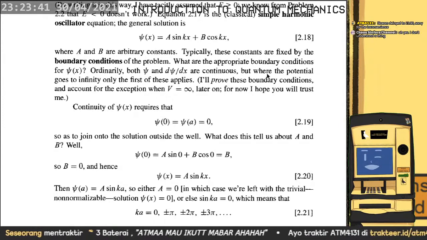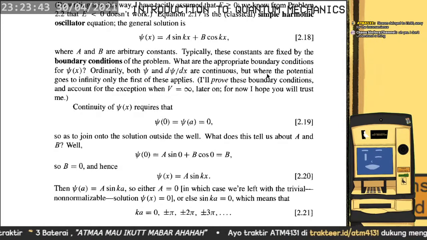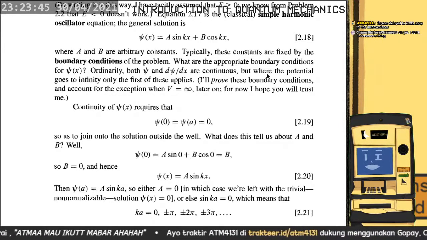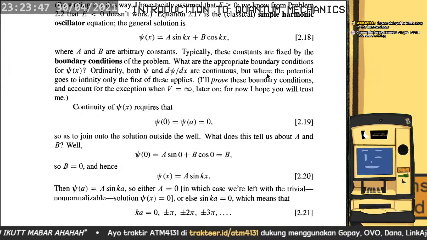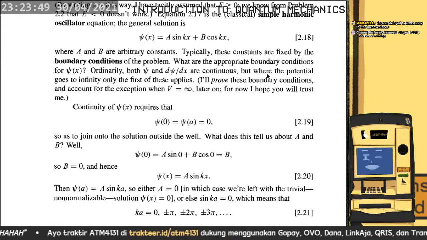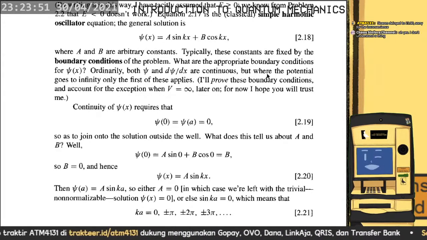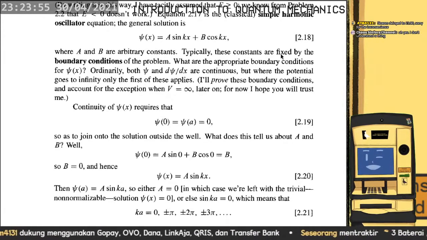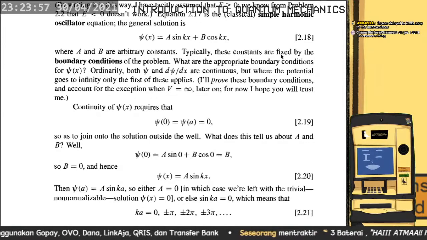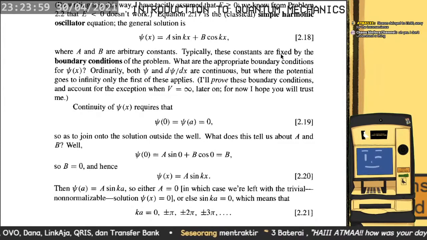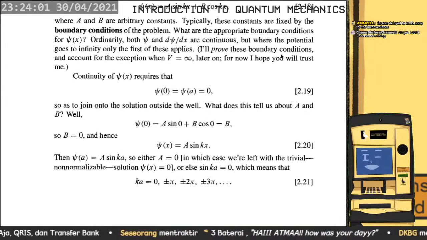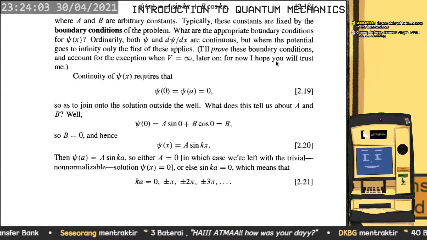Ordinarily, both psi and the derivative of psi with respect to x are continuous, but where the potential goes to infinity, only the first of these applies. I'll prove these boundary conditions and account for the exception when V equals infinity later on. For now, I hope you will trust me.